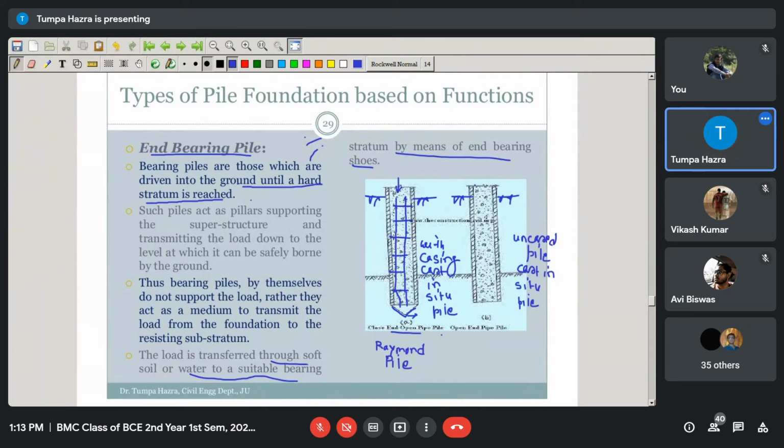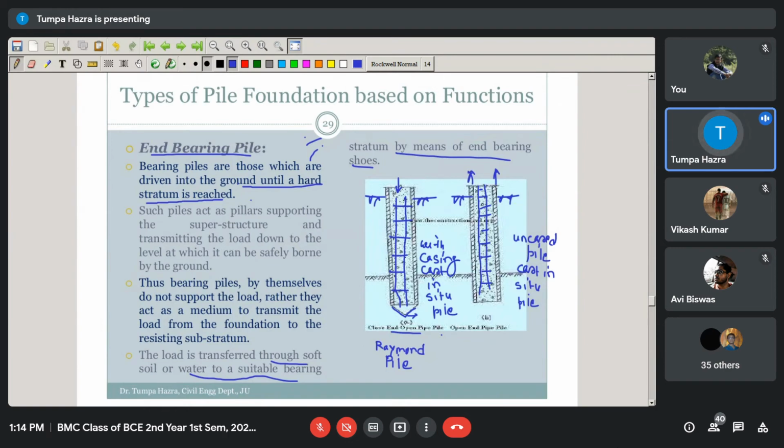Then the reinforcement will be provided at the place. Then the semi-solid concrete will be poured within the casing, and simultaneously the casing will be withdrawn.